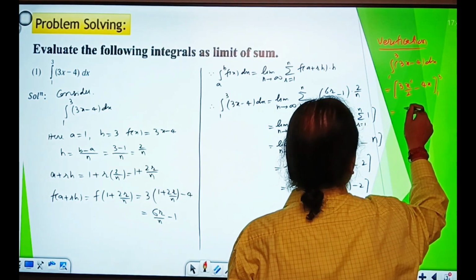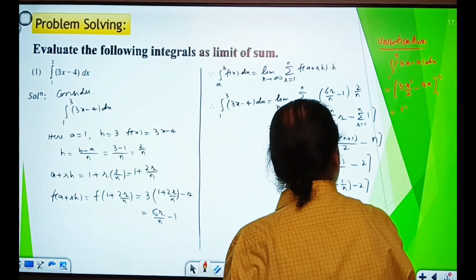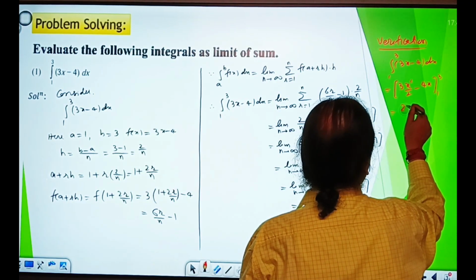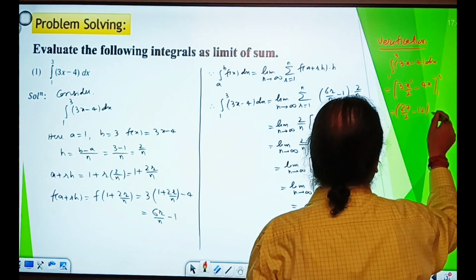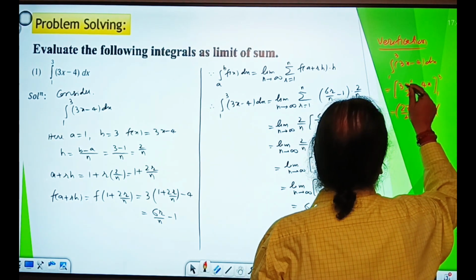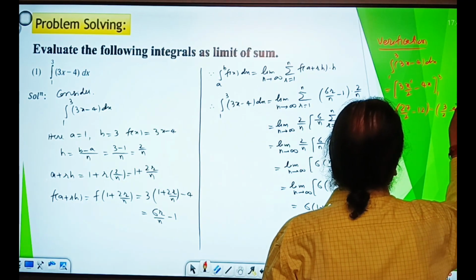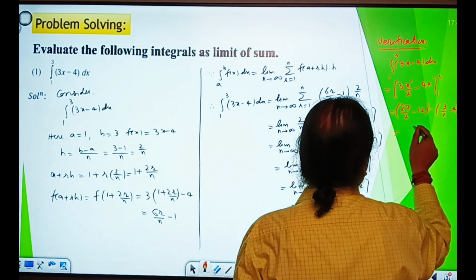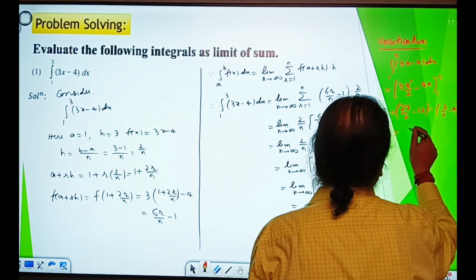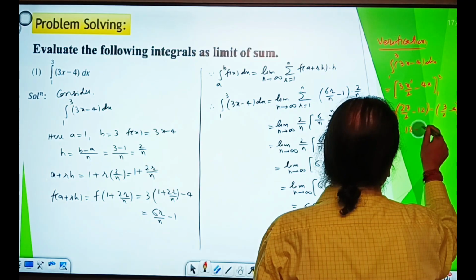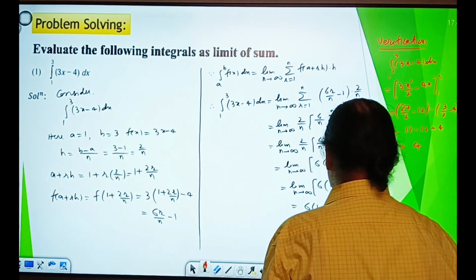Substitute upper limit: 27 by 2 minus 12. Substitute lower limit: 3 by 2 minus 4. 27 minus 3 by 2 will be 24 by 2, that is 12, minus 12 plus 4 will give you 4, which we are getting.